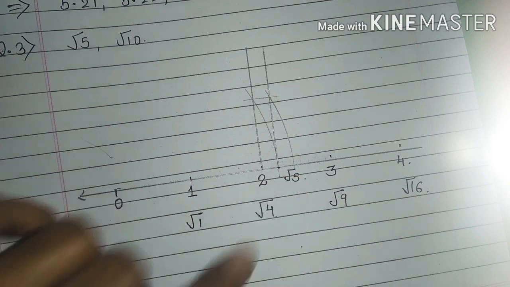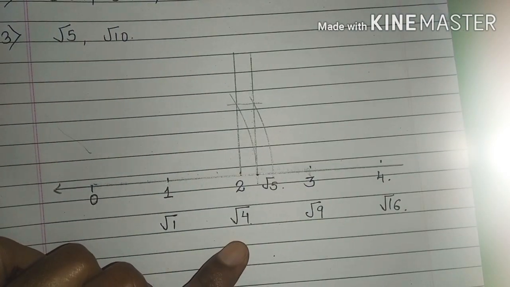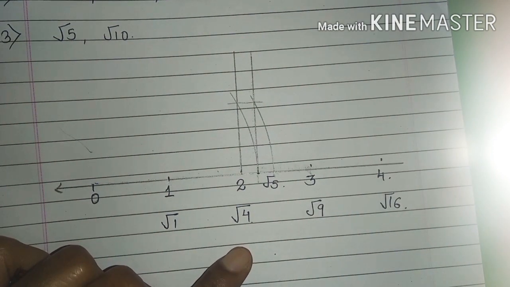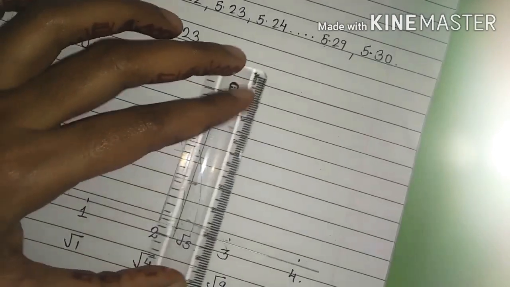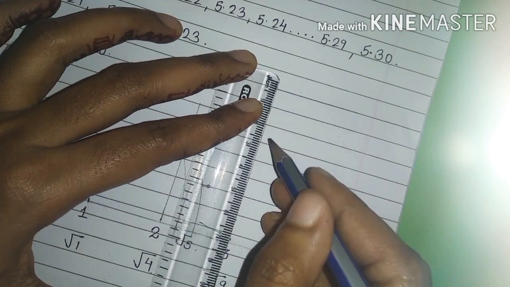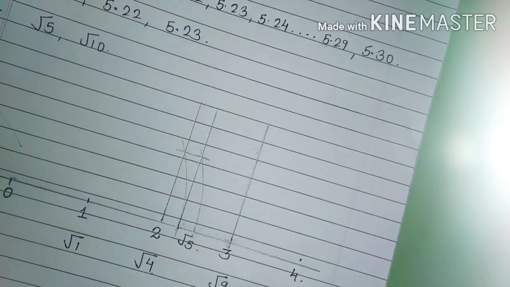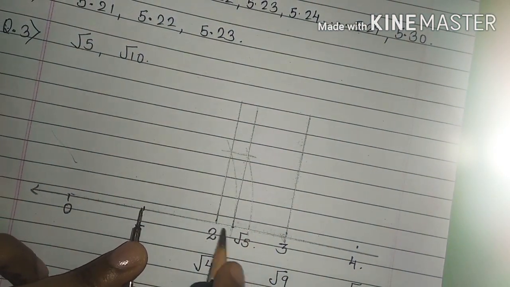and then root 8. In this way, after this will be root 9. That means root 10 will be located after this 3, here somewhere. So we will draw a perpendicular line on point 3. Okay, again measure 3 centimeter.